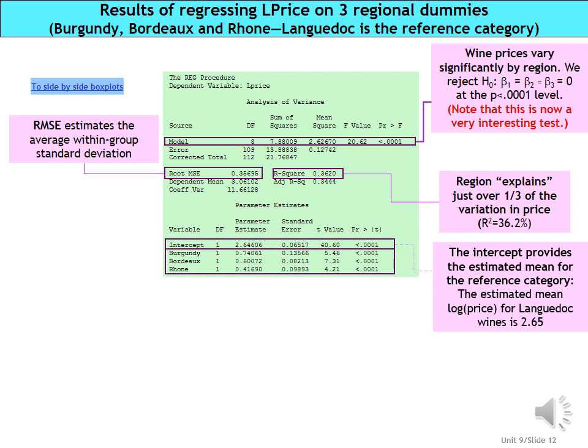Normally in a regression model, the intercept generally doesn't have a meaning, but this intercept has a meaning for us. But the t-test for the intercept doesn't have a meaning. It's just looking at whether Languedoc is different from zero. Languedoc is already the reference at zero, so looking for the difference has no meaning.